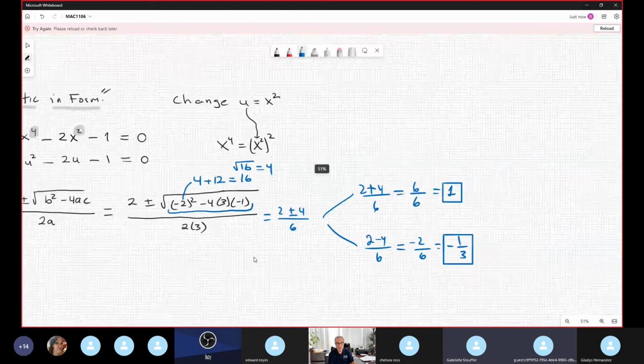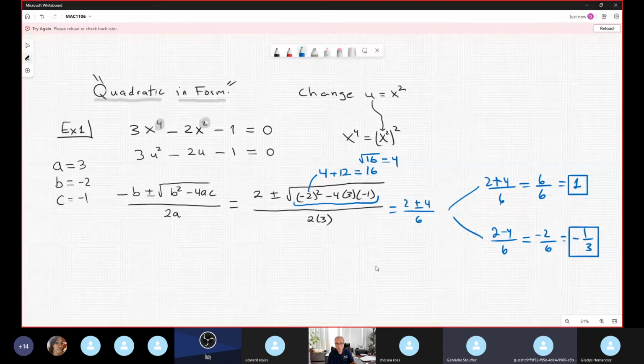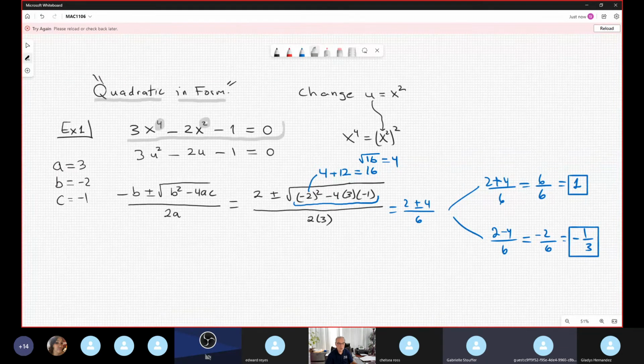This is the confusing part. Remember, we have the original ugly equation. And this original ugly equation, we convert using the substitution u.